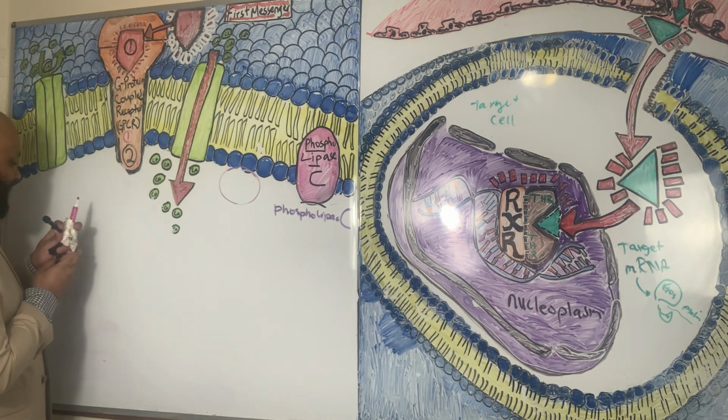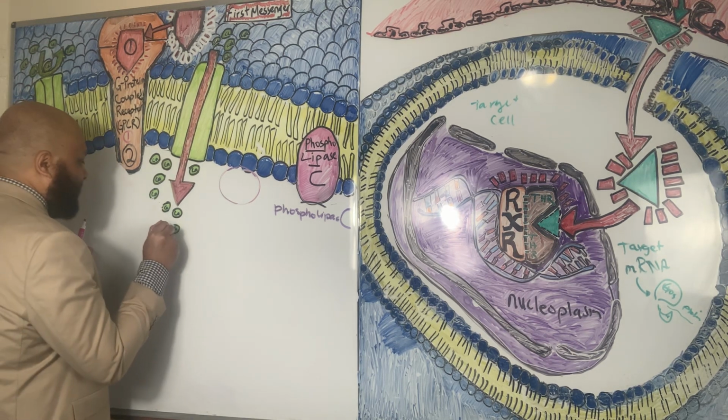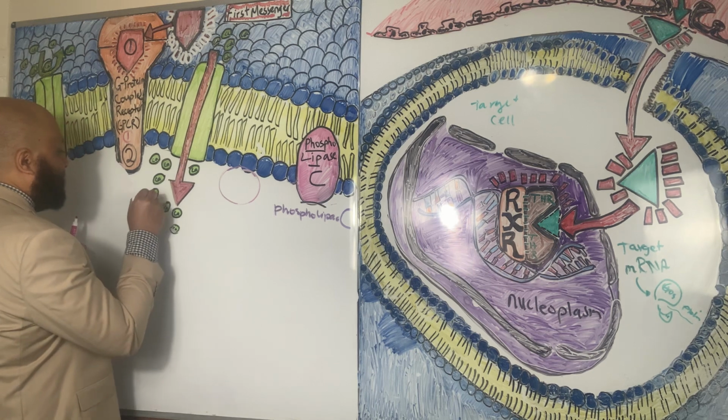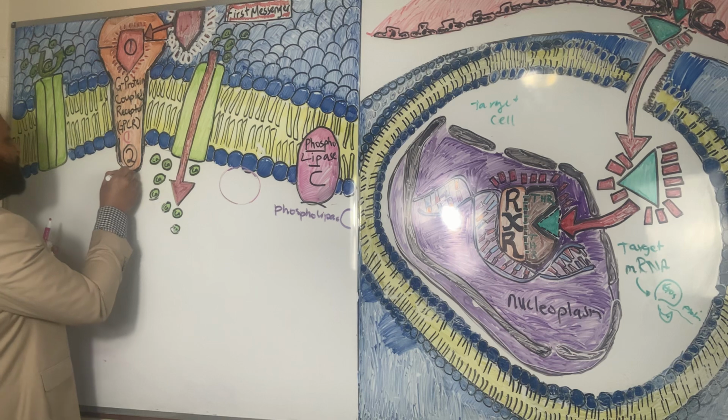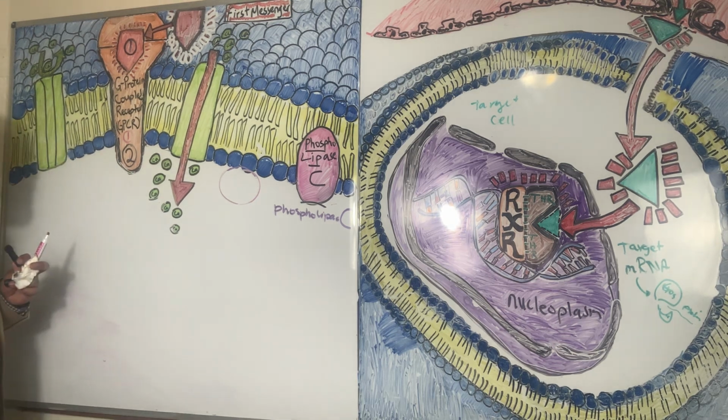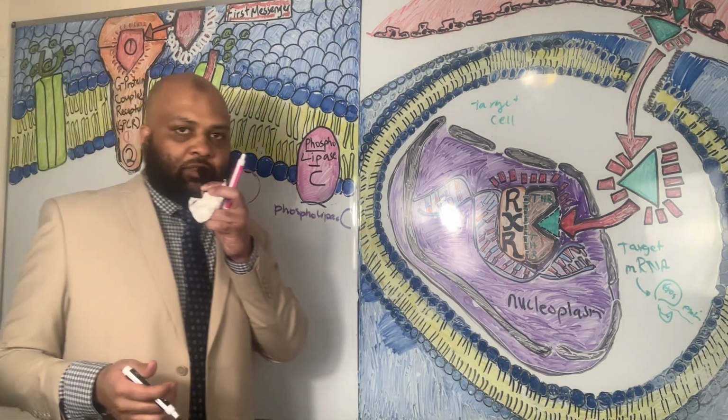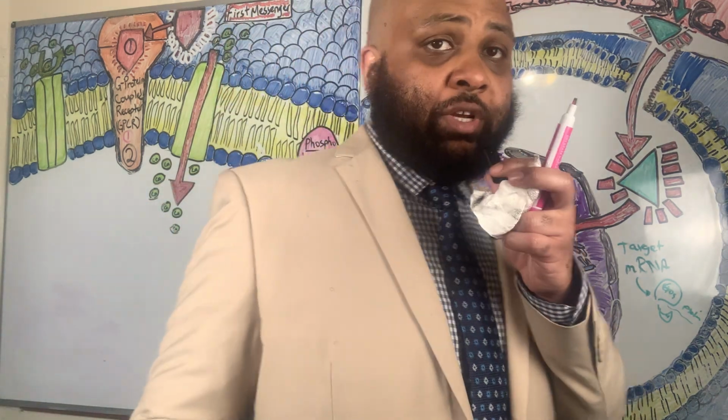Their cellular regulatory effects are similar. The only difference is that the target effect for G stimulatory would be to turn things on, and the target effect for a G inhibitory protein is to turn things off.